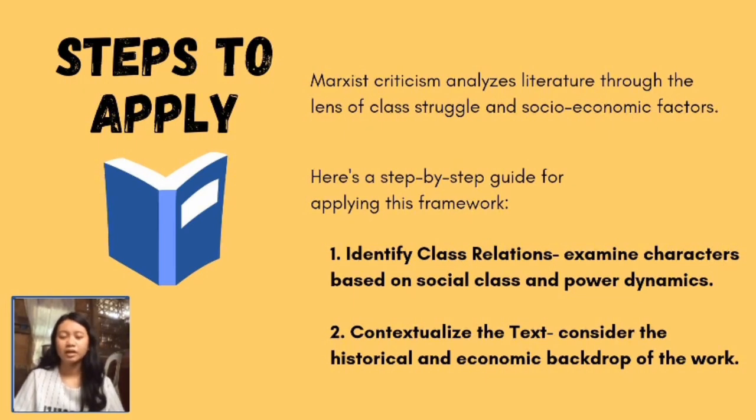So identify the characters or groups who represent the bourgeoisie, which is the owning class that characterizes the wealthy and powerful in the text, and the proletariat, which is the working class that characterizes those who lack wealth. So number 2, contextualize the text.